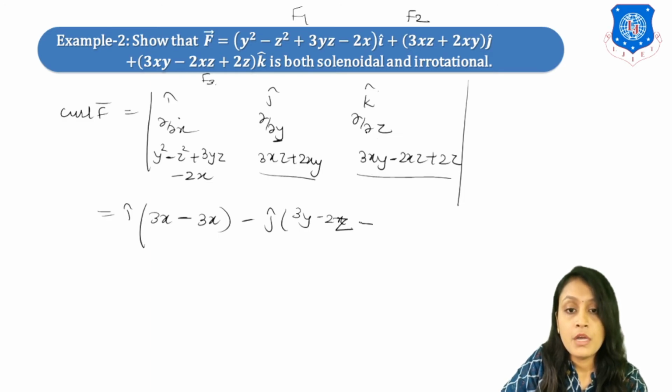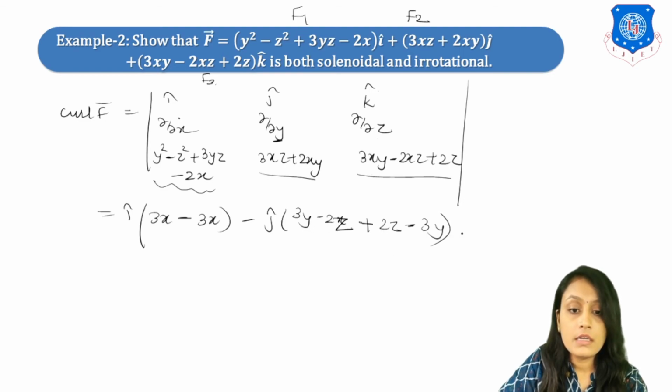We have to find the derivative of this term with respect to z. So this is 0. From here what you will get, minus 2z. But we have already minus, so here we have plus 2z. Then again its derivative with respect to z, so here we have plus 3y, right? But again we have minus, so it will become minus 3y, and this term is 0.